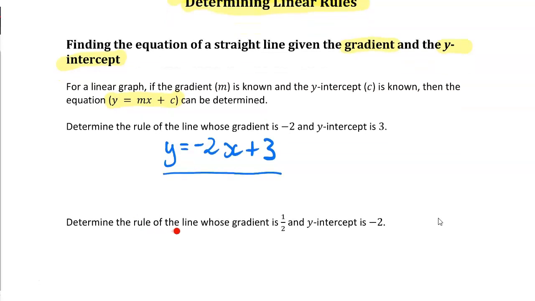Determine the rule of the line whose gradient is 1/2 and the y-intercept is -2. So y equals, m equals 1/2 and c equals -2, so I write -2 there. And those are the rules.